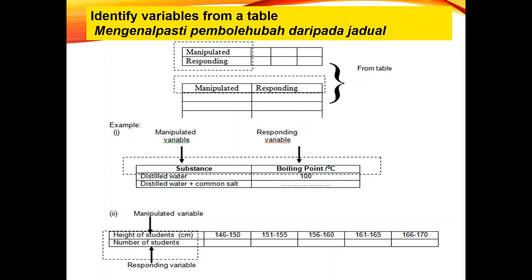They have the substance given and also the boiling point. So remember, the left column refers to the manipulated and the right column refers to the responding. Same with this one, the upper row refers to the manipulated and the lower row here refers to the responding variable. So if the question is asking about the manipulated and responding, and the question gives you a table like this, it is very easy for you to score 2 marks for the variable.